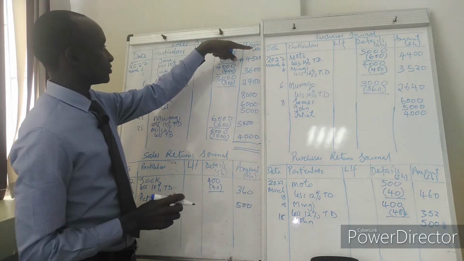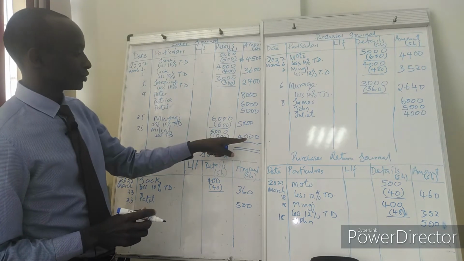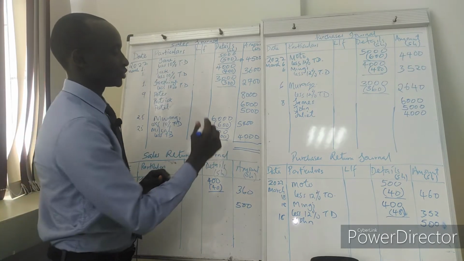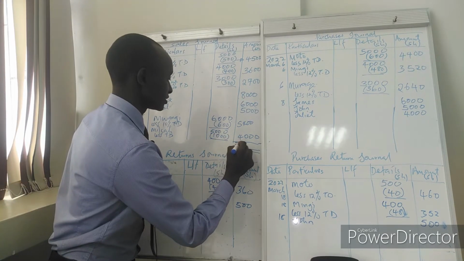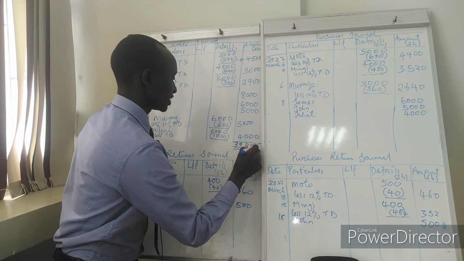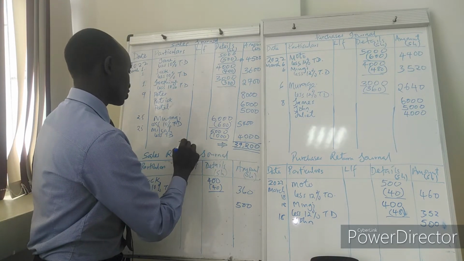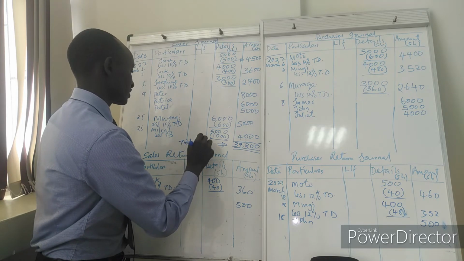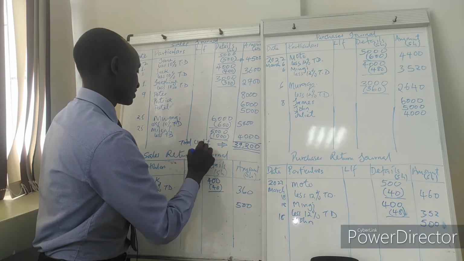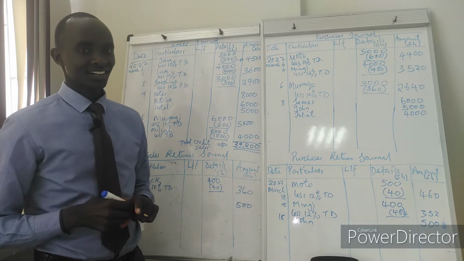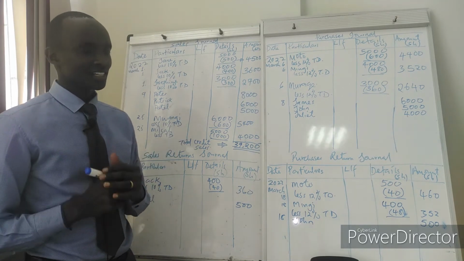The total of 4,500 through to 4,000 is equivalent to 39,200. So this figure is known as total credit sales. I want to believe that's clear, isn't it?